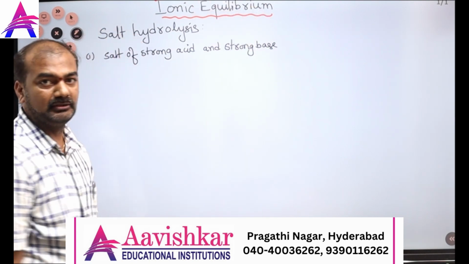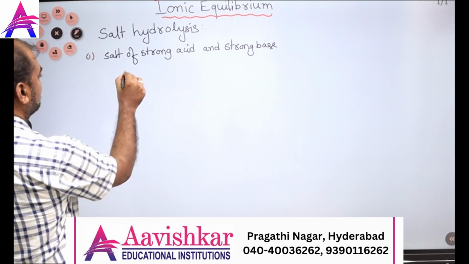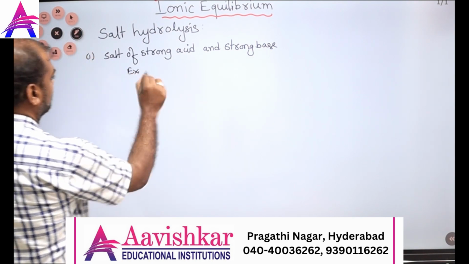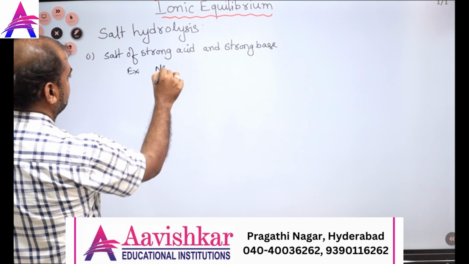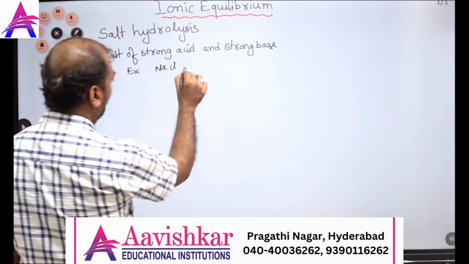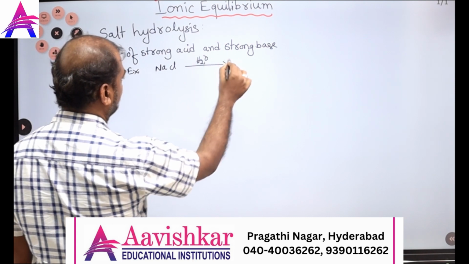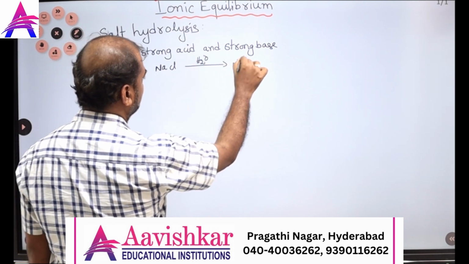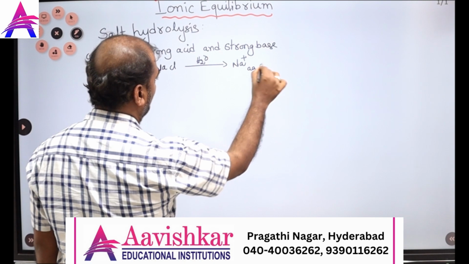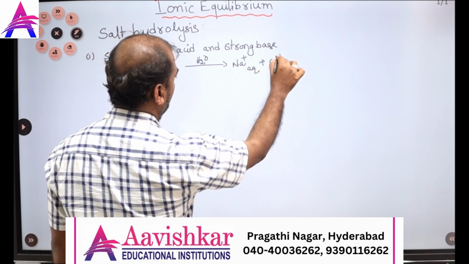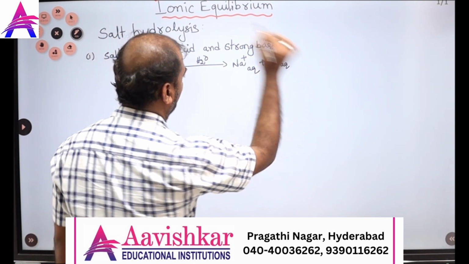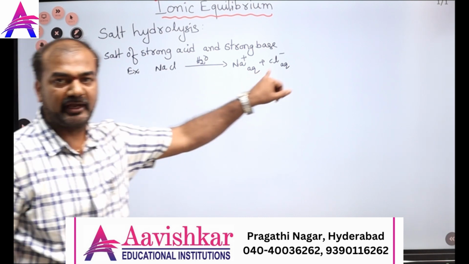For this I am taking the example NaCl. This NaCl, when dissolved in water, is ionized to give Na+ aqueous plus Cl- aqueous. So two ions are formed.